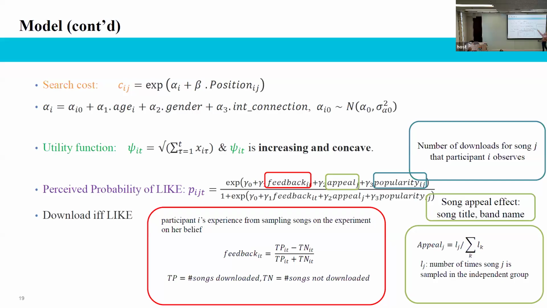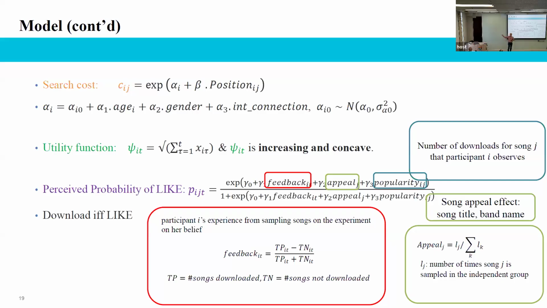And the probability is something that I don't think I need to explain anymore. This is just the number of downloads for song j that participant i observed at the time when they log in. Now, by the way, once you log in, the probability is fixed during your session.